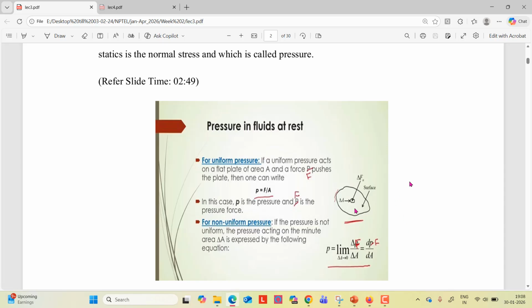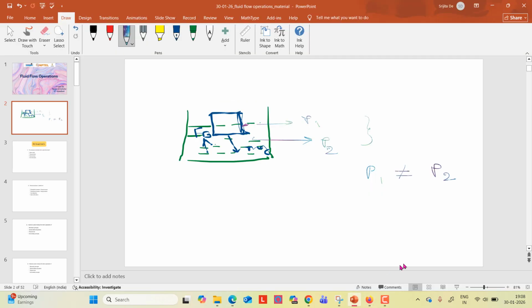Now we'll know the definition of pressure. Here we are talking about normal pressure.